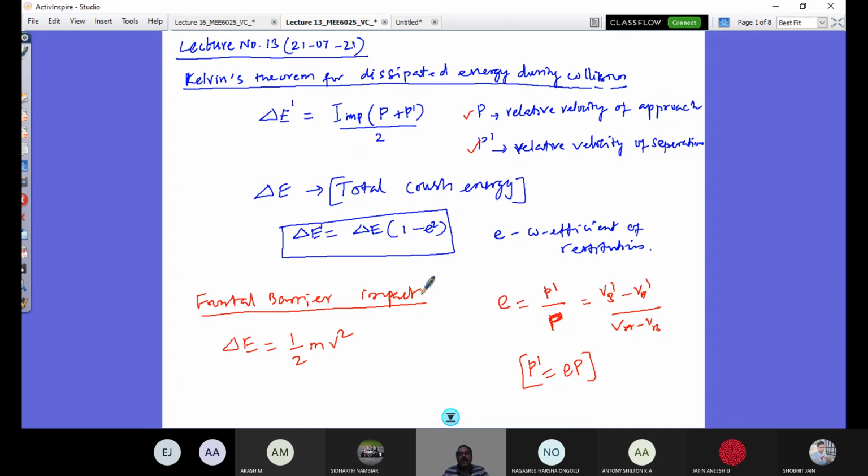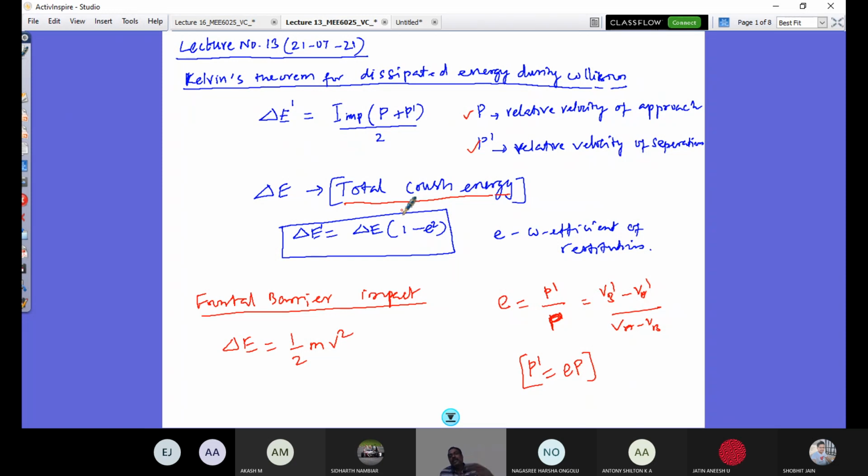The vehicle of mass m with the approach velocity, or impact velocity, goes and hits, and the total kinetic energy is the total crush energy. That's called total crush energy, not crush energy. And this total crush energy is absorbed by the structure during the interaction.